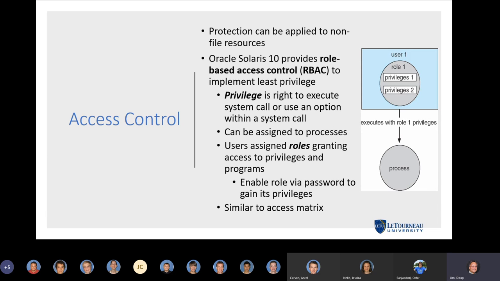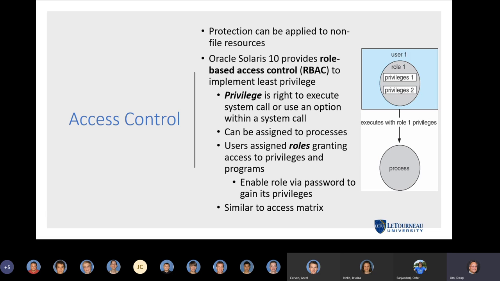Then we have Oracle providing role-based access control to implement least privilege, using that capability that we want to try to give each domain the minimum amount of privileges that they need in order to do their job.